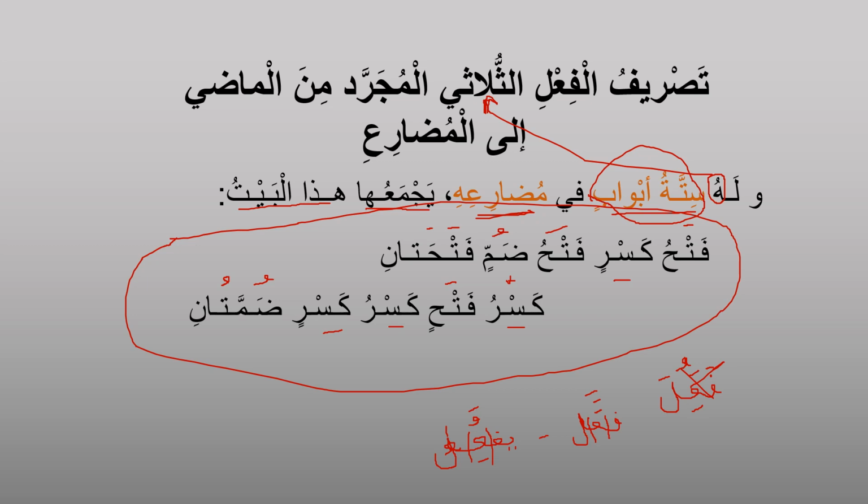In kesru fathin, the ainul fi'l of the madi takes kesra and the ainul fi'l of the mudari takes fatha. Then kesru kesrin, the ainul fi'l of the madi and mudari both taking kesra. And dummatan, the ainul fi'l of the madi and the mudari both taking dumma, two dumma.